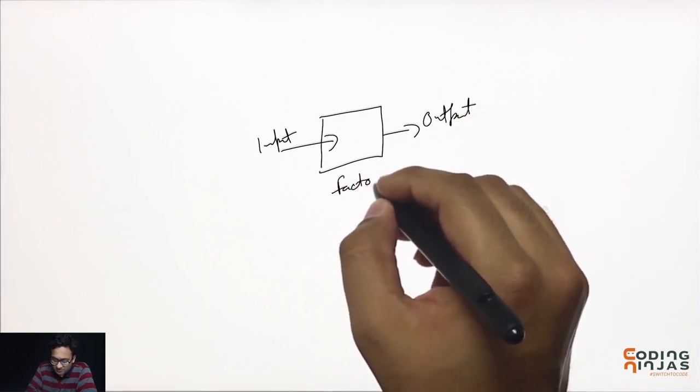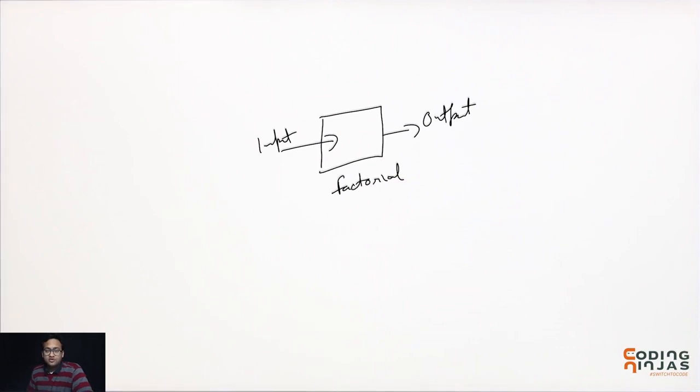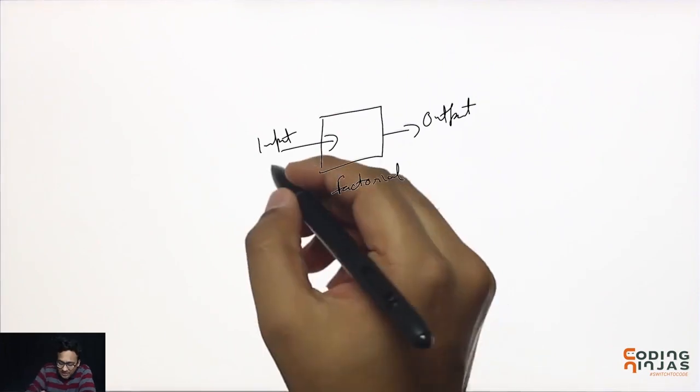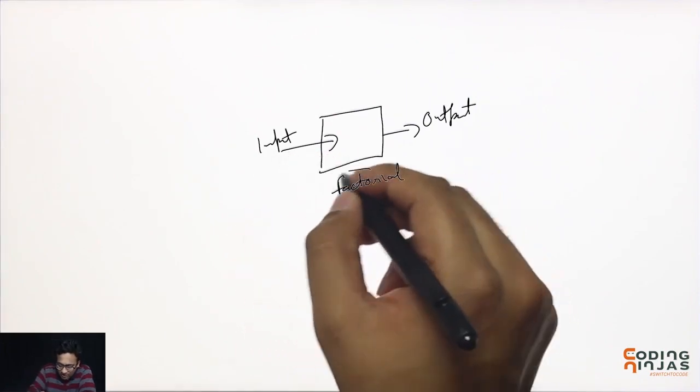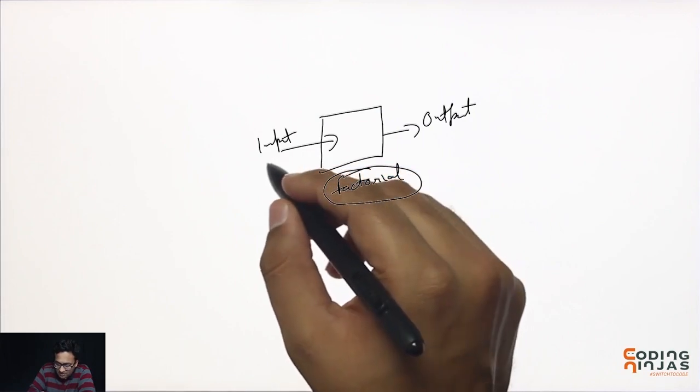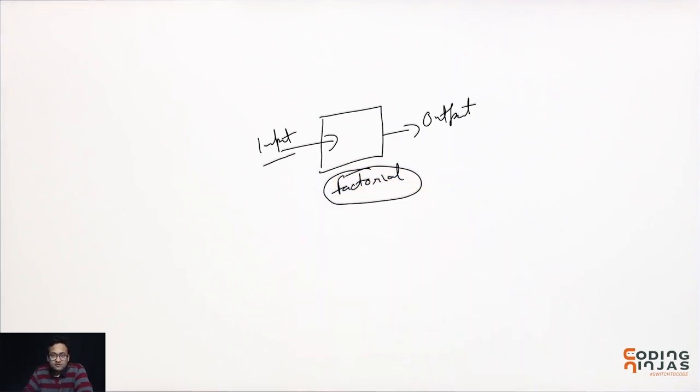So in our case, the name can be factorial. So it requires these 3 things to fully define what a function is exactly going to do. Whenever we want to create a function, we need to tell what kind of input this function is going to take, what kind of output this function is going to provide us, and what is the name of the function, okay?